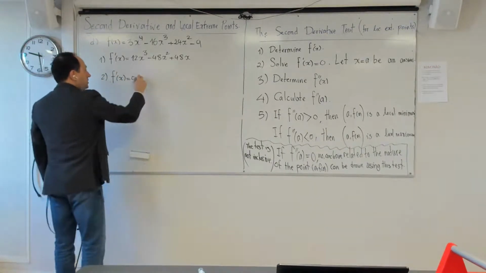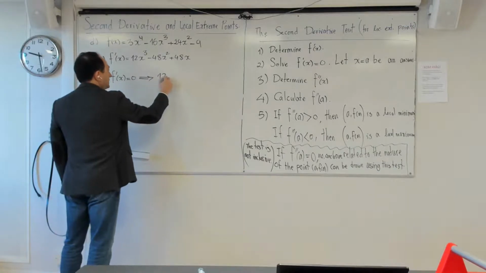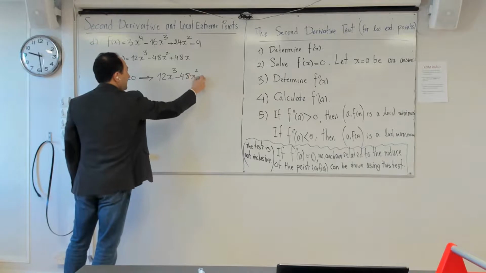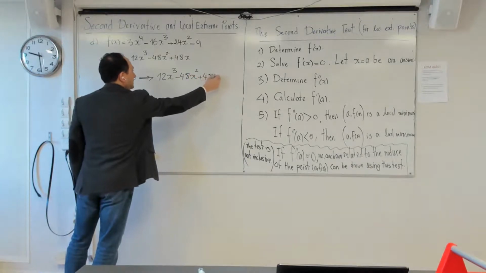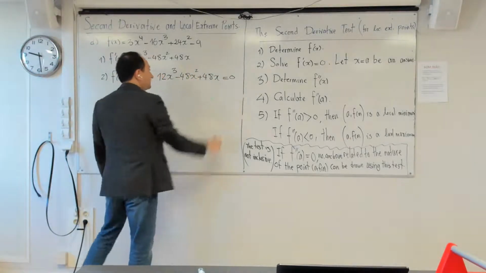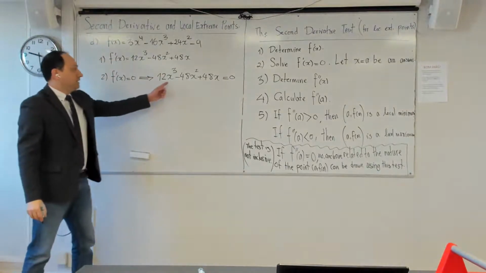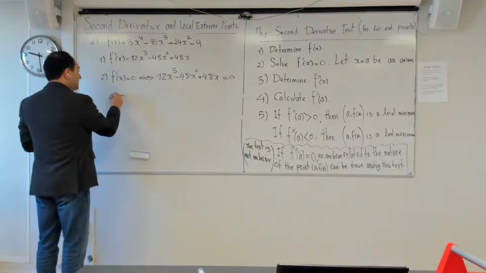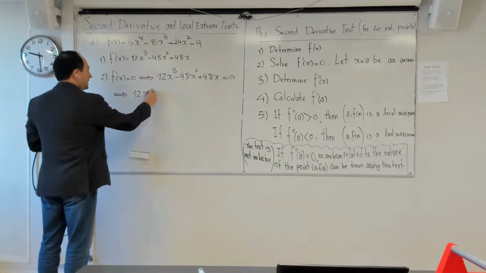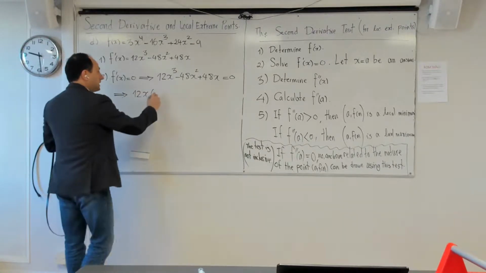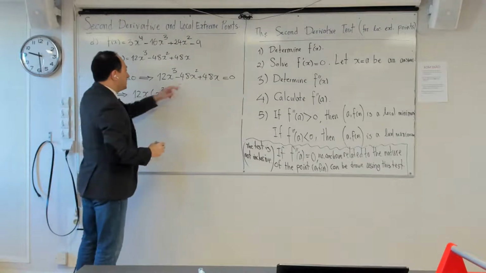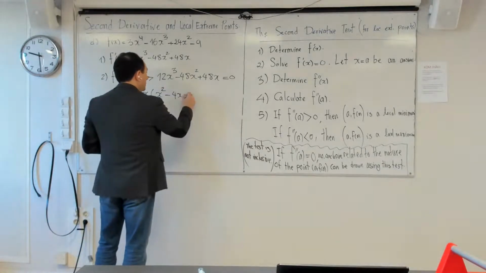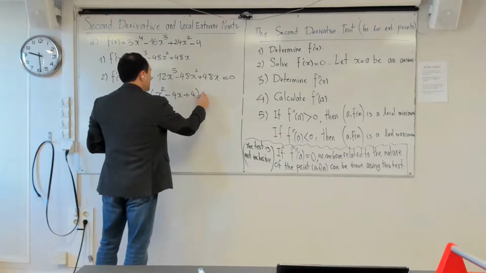Of course, this is a third degree equation, but usually when I give these kind of questions, it means that factoring this should be very easy. And in this case, indeed, it is very easy, because you immediately see that you can pull out a 12x. So I have 12x, I take it out, it becomes x squared, this becomes minus 4x, and then this becomes positive 4 equals 0.